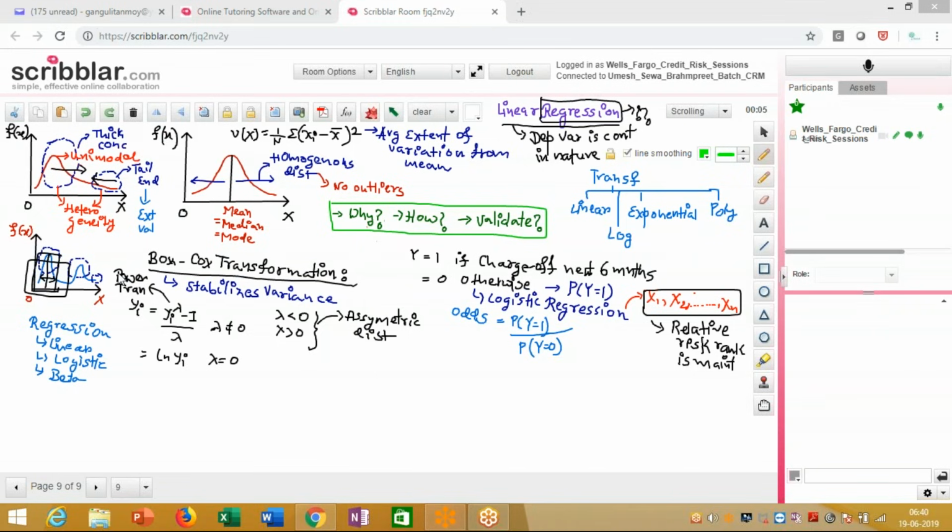Now, given that I have done the transformation, the next question for me is how I would model this loss given default. What are the different ways of modeling the loss given default?